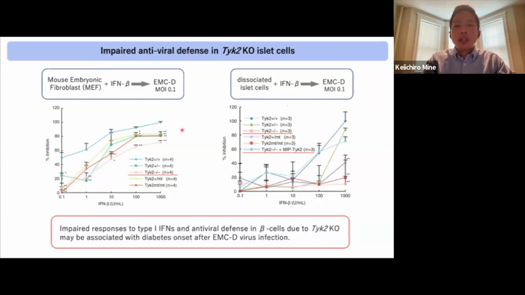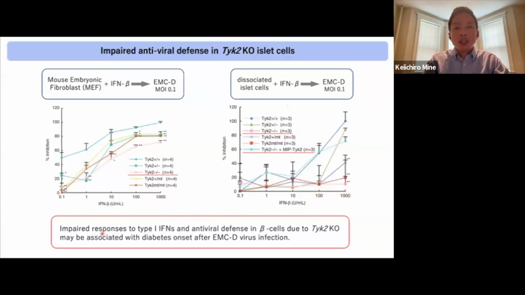We found that high concentrations of interferon beta prevented cell death by EMCD virus infection in TYK2 knockout mouse embryonic fibroblasts, but not in TYK2 knockout islet cells. In addition, mouse insulin promoter derived TYK2 expression in beta cells restores the survival of islet cells after EMCD virus infection in high concentrations of interferon beta.